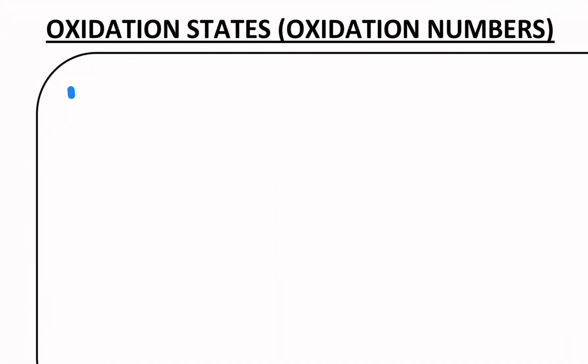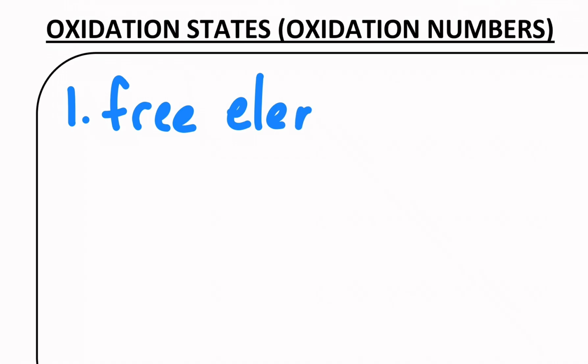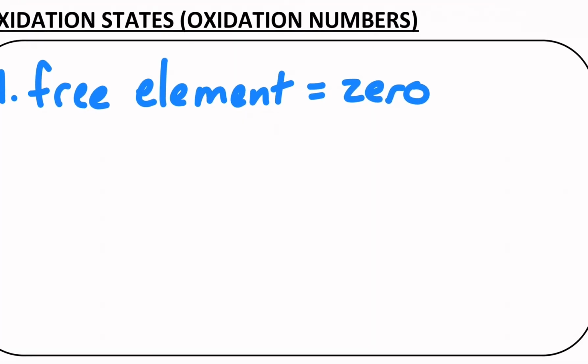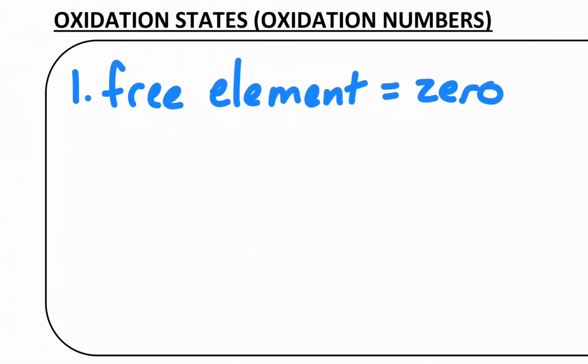Number 1, free elements are 0. So elemental sodium, hydrogen, iron, everything you see on the periodic table would have an oxidation state of 0. Rule 2, there's 6 of these if you're planning ahead.